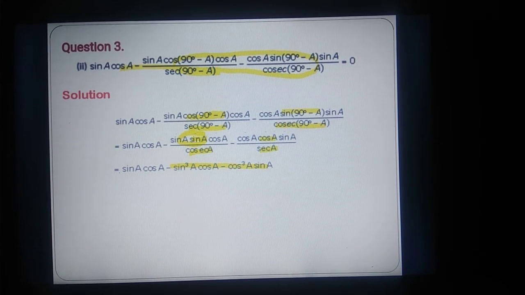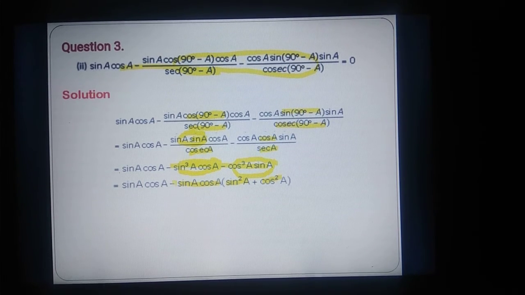For example, here sin a and cos a can be taken outside. So if I take out the sin a cos a outside, then from this part sin square a is left, and from this part we have cos square a.